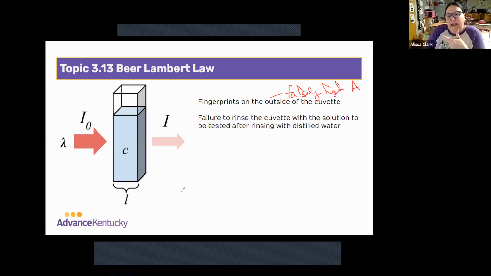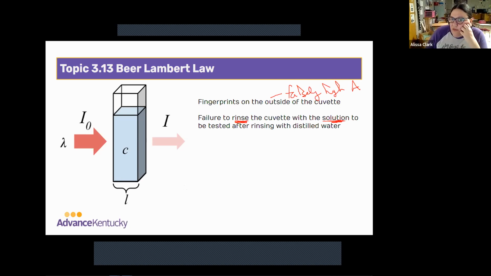The other thing, and this is an error in spectroscopy, it's an error in titrations, it's an error in a lot of things. When you're going to use an instrument and make very careful volume measurements, you always need to make sure that you rinse whatever container you are using with the solution you're going to test after you've rinsed it with distilled water.